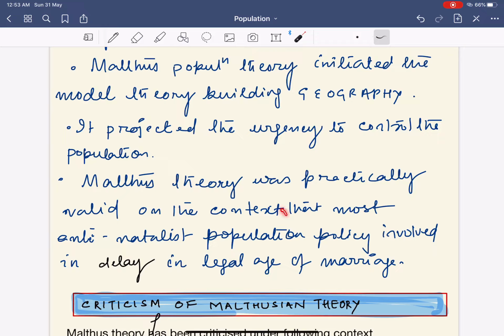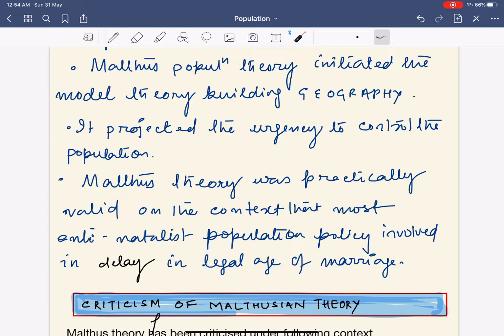In India, the marriage age is 18. This was enacted in 1923, but prior to that child marriage used to prevail, and one of the major reasons why the population was so high was child marriage, which still exists in India.